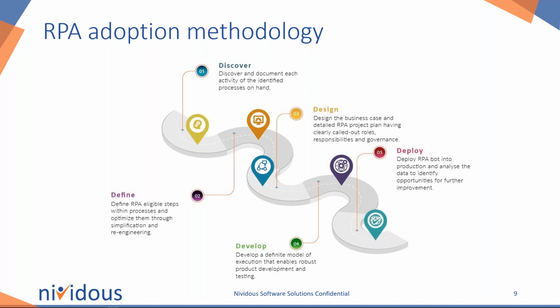So after you define the steps that you're going to focus on, the next phase here is design. Designing both the business case and project plan, and defining the roles that are going to be involved. Usually, as compared to other IT projects, the amount of resources that you need to quickly deliver an automation using RPA is fairly small.